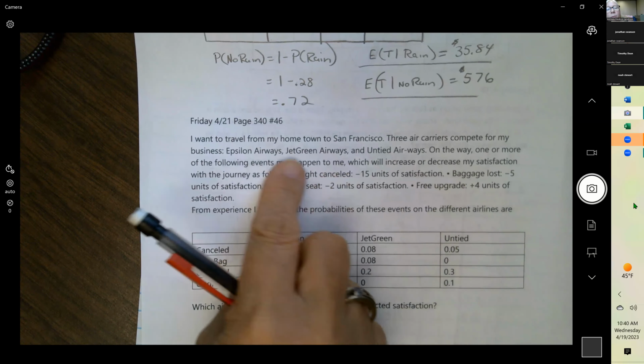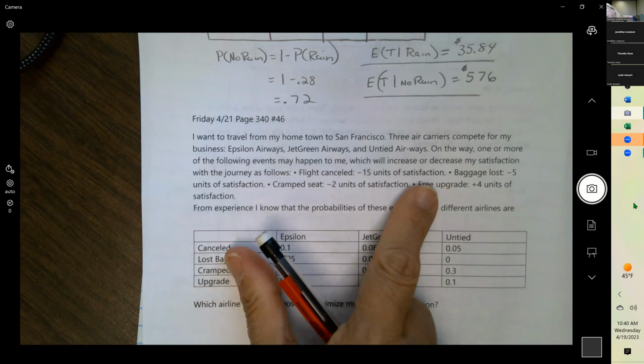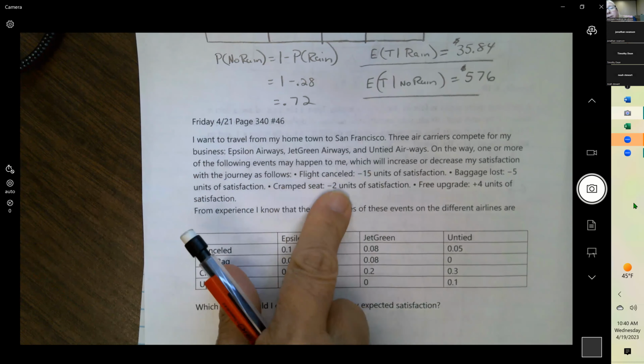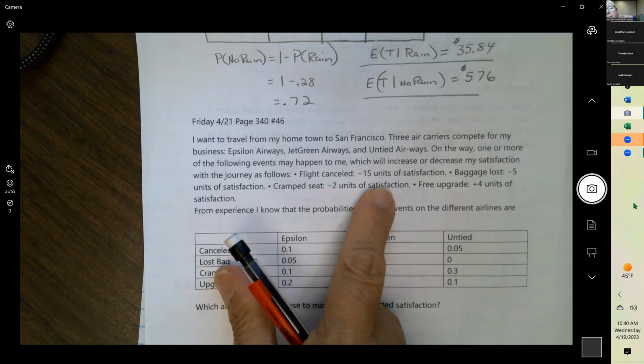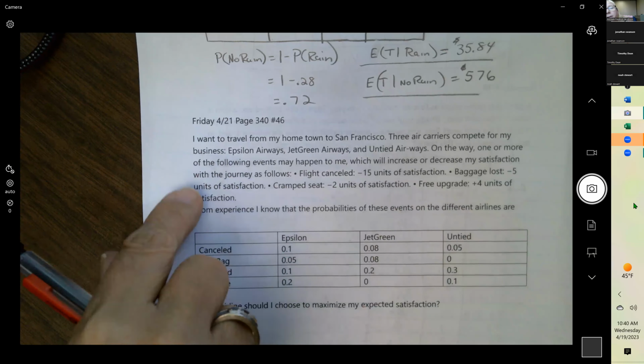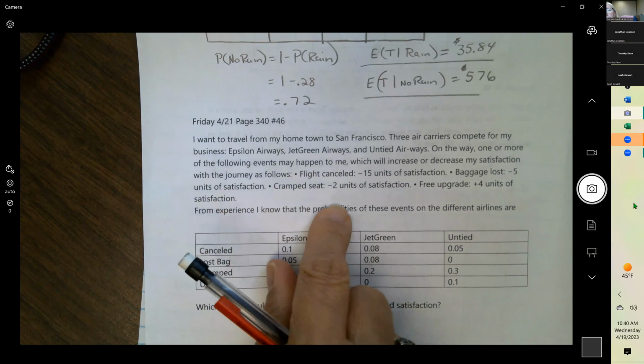On the way, one or more of the following events may happen which will increase or decrease my satisfaction with the journey. Flight canceled, -15. Baggage lost, -5. Cramped seat, -2.